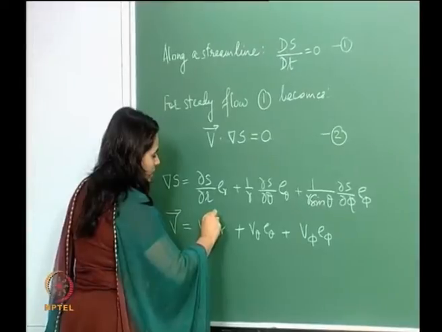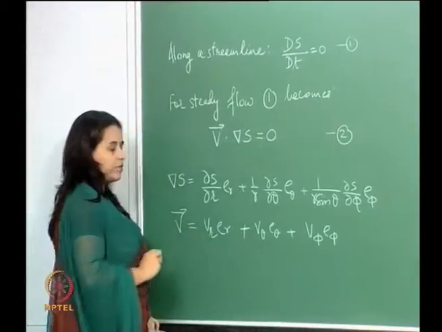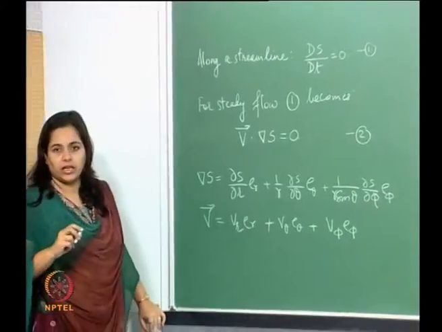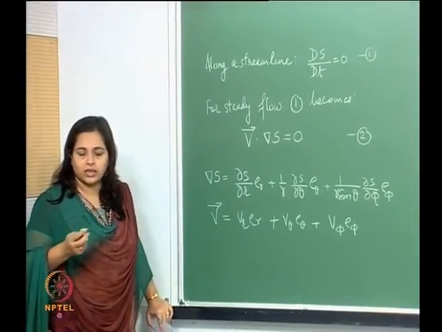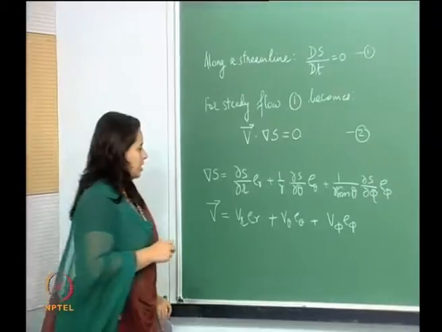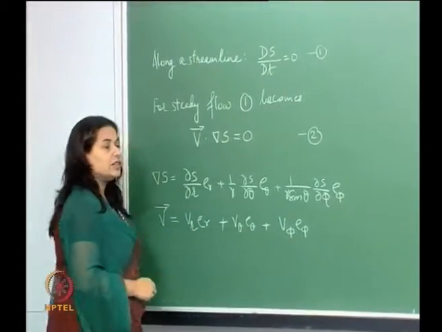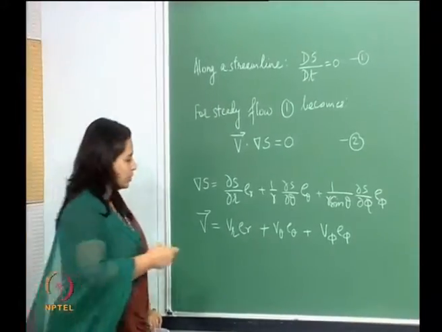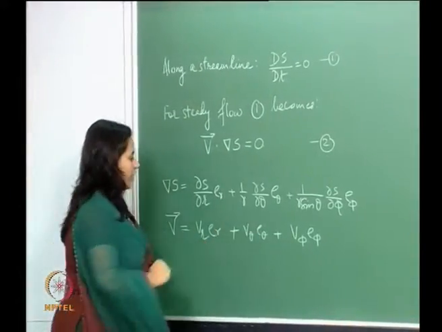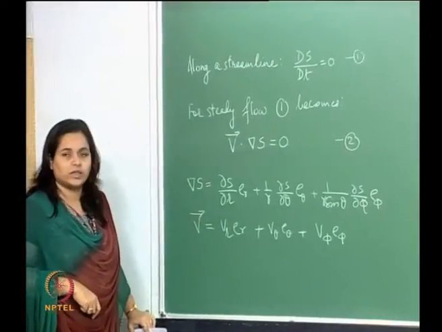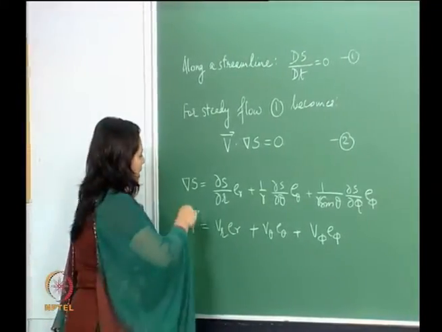I am going to write it like this. E r, E theta, E phi are analogous to i, j, k in Cartesian coordinates. So, basically we have r, theta and phi directions in which we have taken unit vectors, and the velocity components in those directions are V r, V theta and V phi.